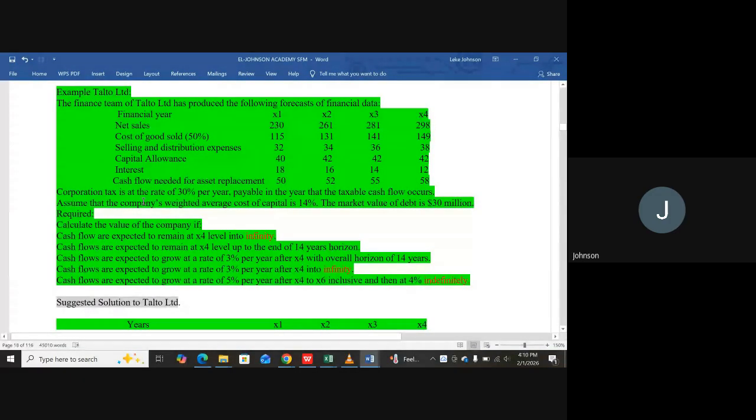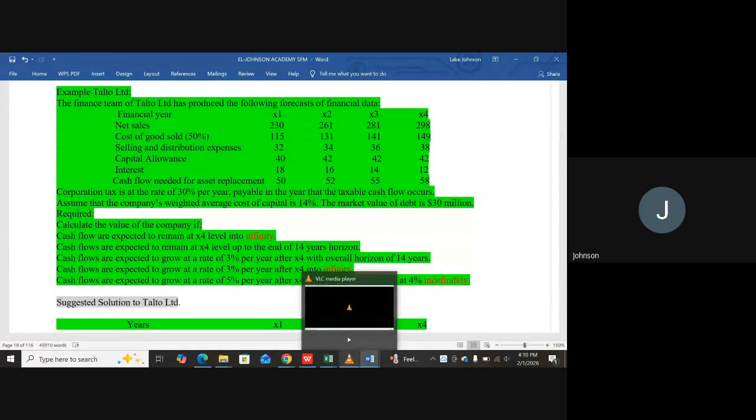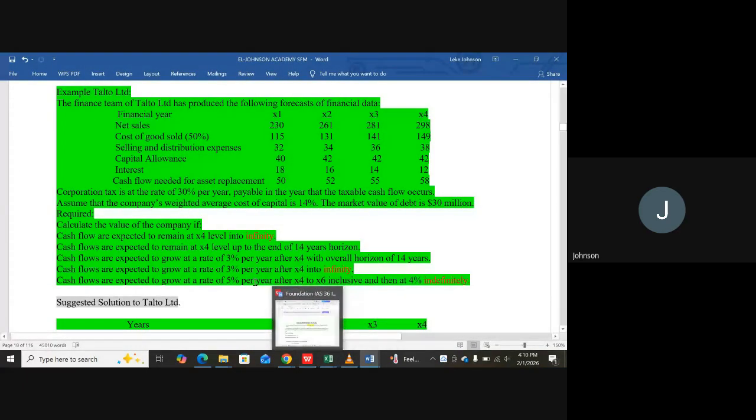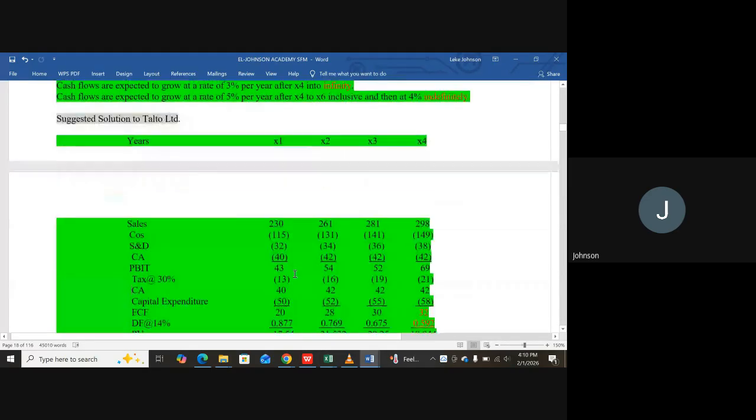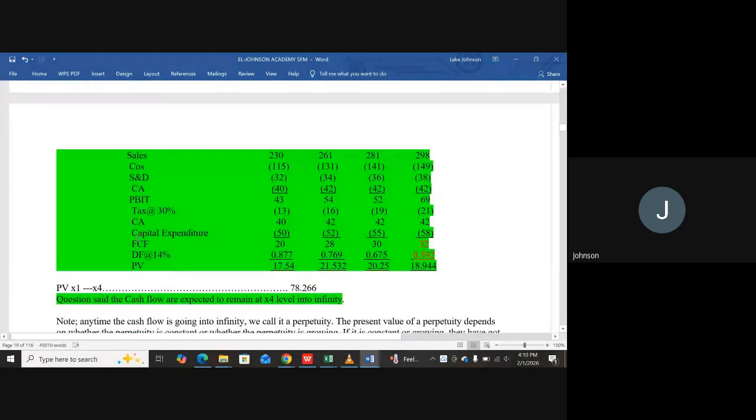They say cash flow needed for asset replacement. You can see cash flows needed for asset replacement are this amount. In order for us not to spend that money, because we are looking for free cash flows to the company, we need to deduct the money we want to use to buy assets. So we call it capital expenditure.